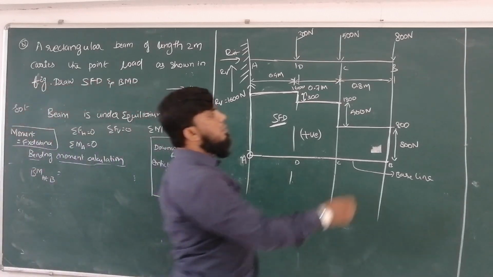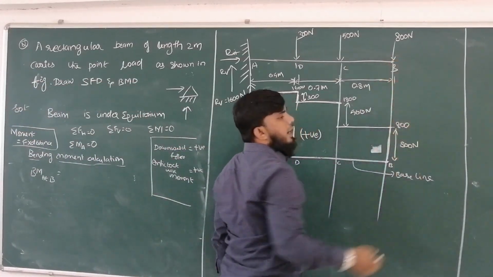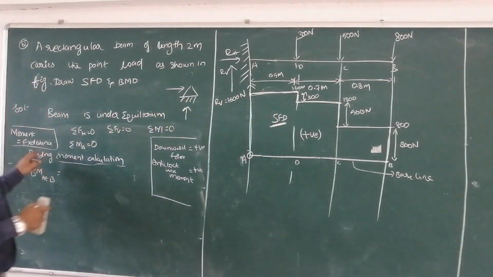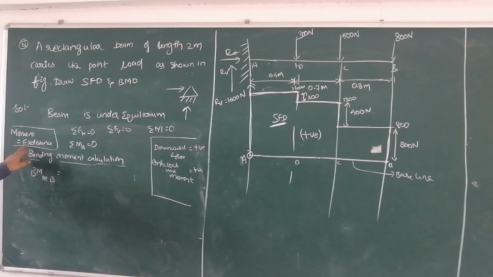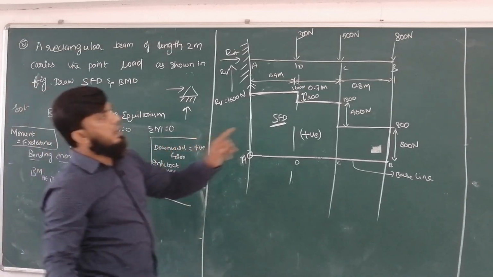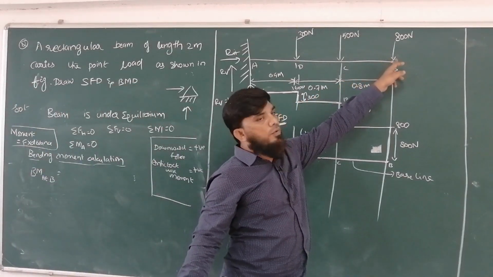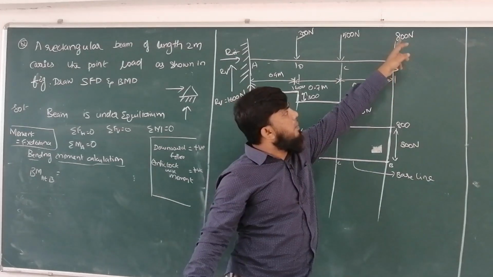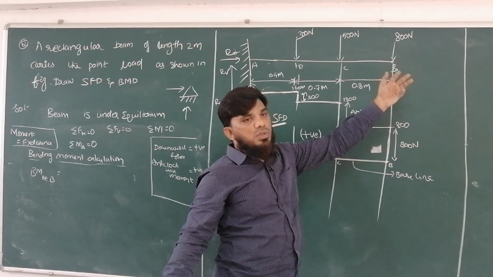When I say bending moment about this point, we should have force and distance. I have written the formula: bending moment is equal to force into distance. Here we have force, but there is no distance. What distance do you generally take?